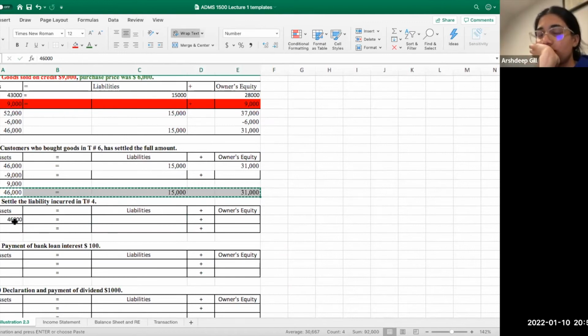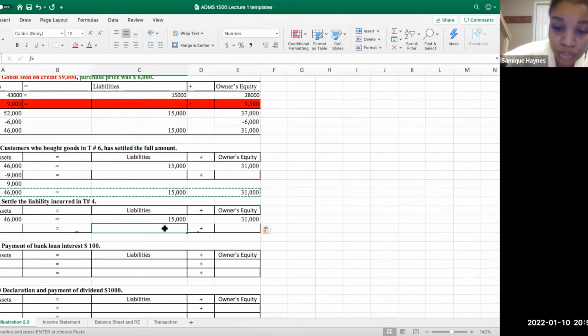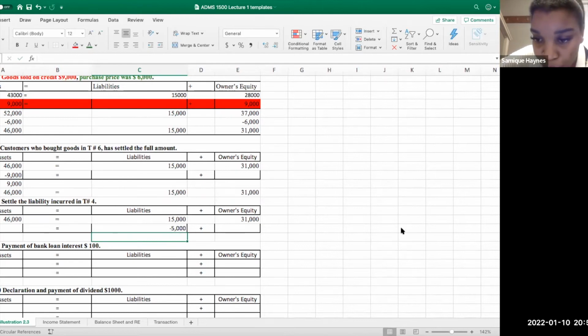Copy, paste. All right, perfect. So somebody said liabilities is going to do what? Will decrease by 5,000. Okay, so we no longer owe people, right? So we're going to reduce liabilities. That's good. We don't owe you anymore, so we have less liabilities.